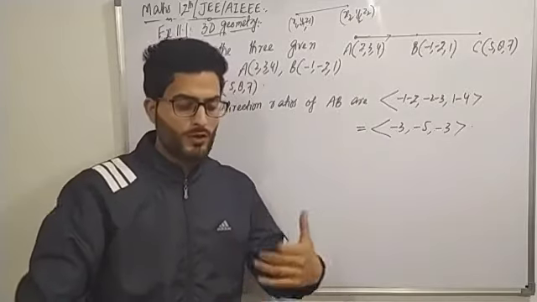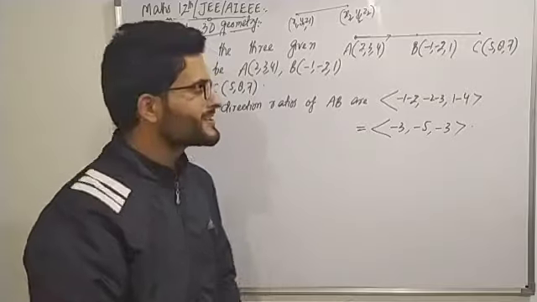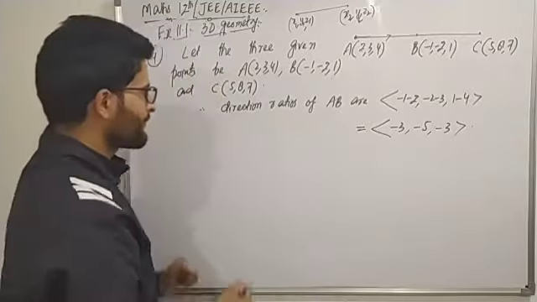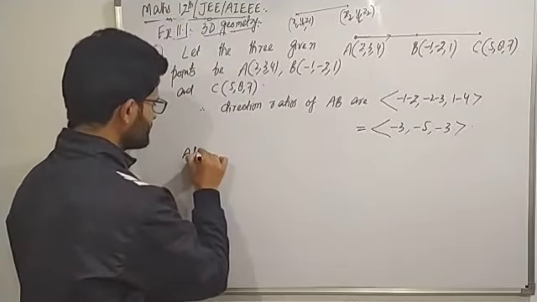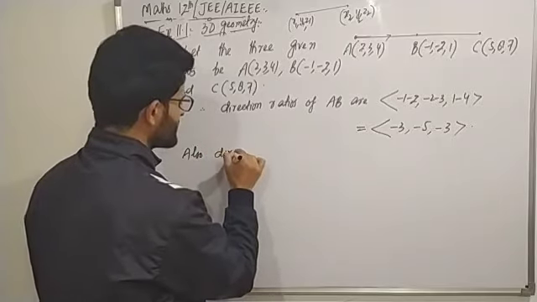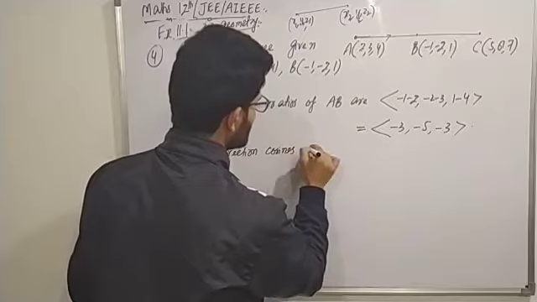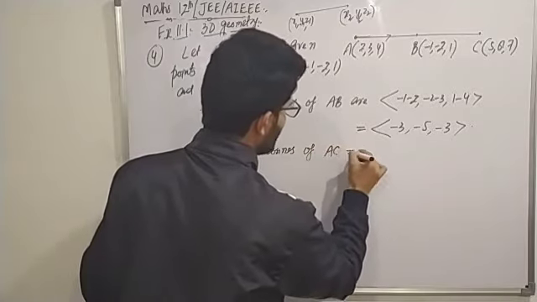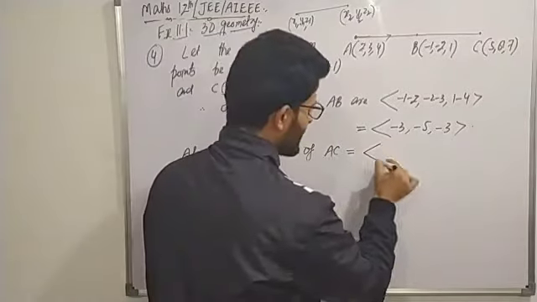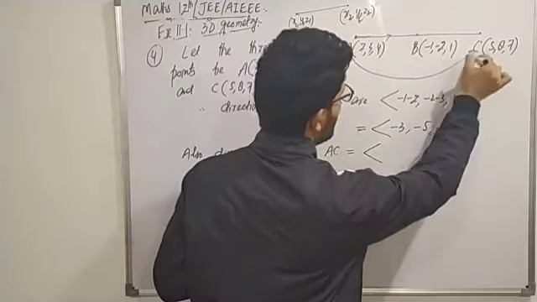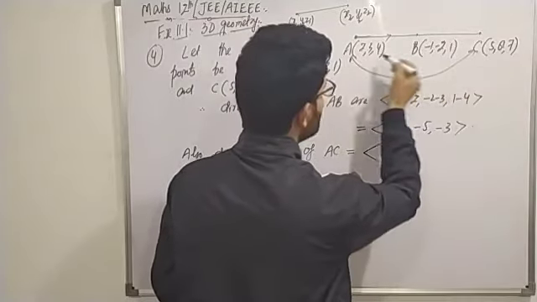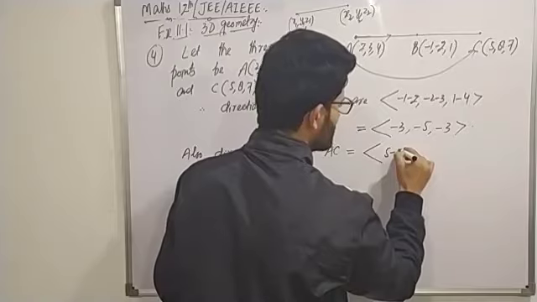In the similar fashion, we are going to calculate the direction ratios of AC also. The direction ratios of line AC or vector AC are, again apply the formula. इस समय AC का करना है, तो again apply the formula x2 minus x1, that's 5 - 2.